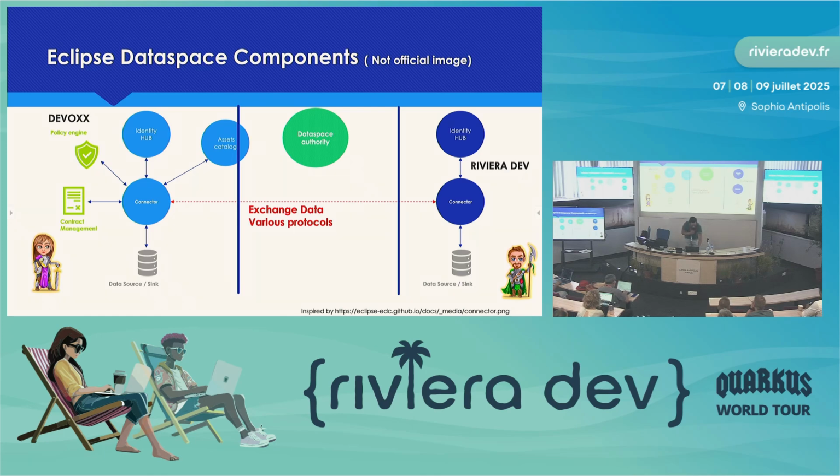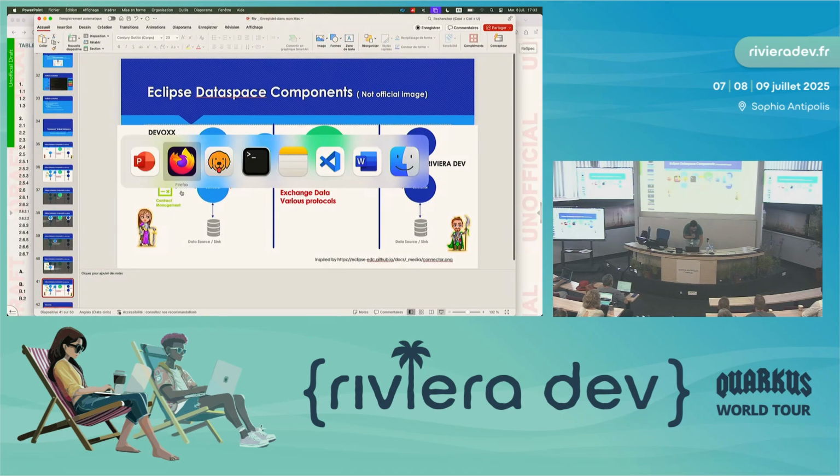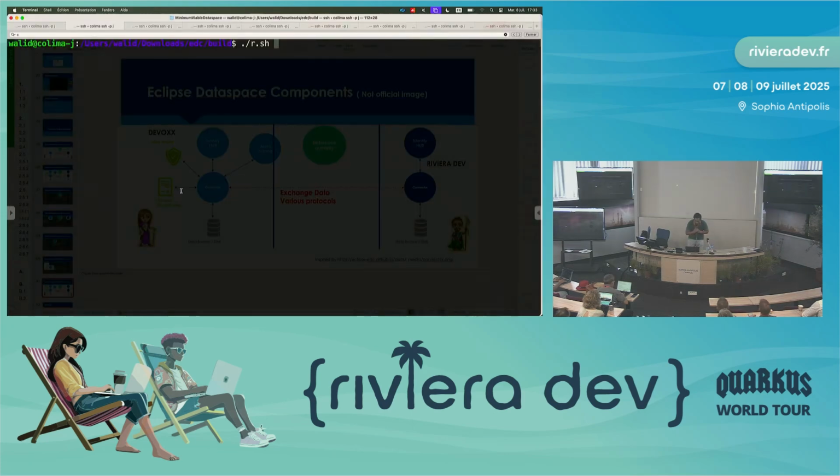So I just installed all this set on my laptop, and let's see, for example, a resolution of a DID document. I know that I installed Riviera DEV as a component. So if I curl, because I know it's a DID web, I just have to do an HTTP call on the Riviera DEV.